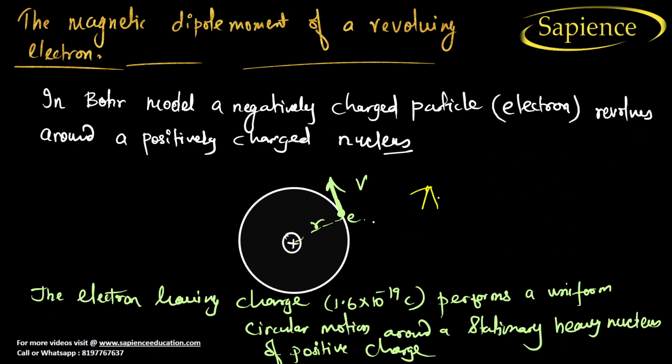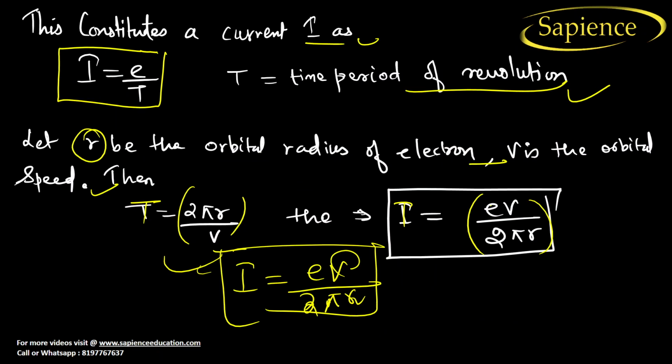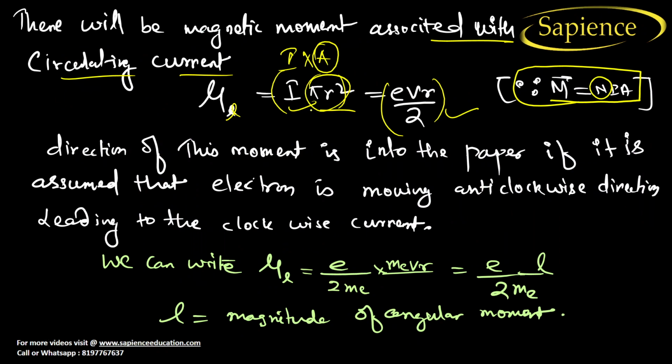So the magnetic moment is I times pi r square. We got I is equal to e v by 2 pi r, so if you put this value of I, you will get the final value like this.